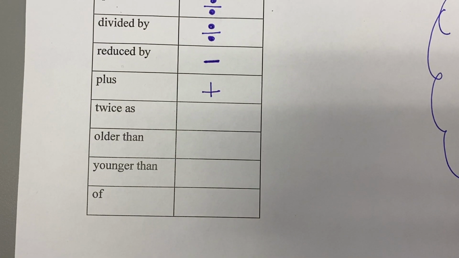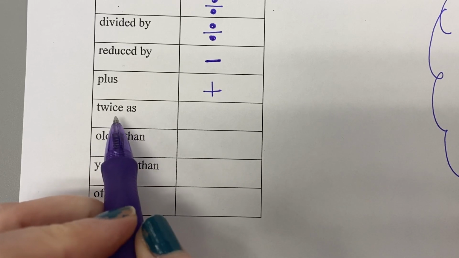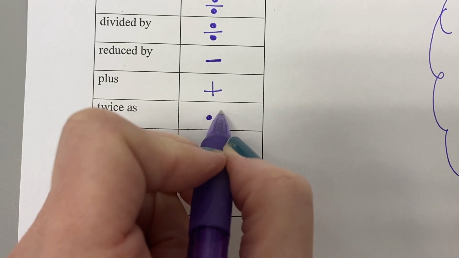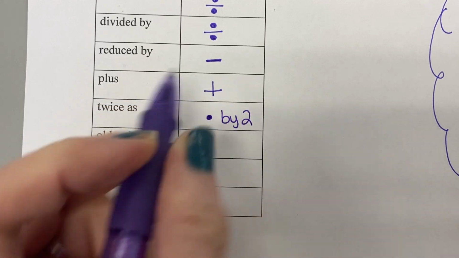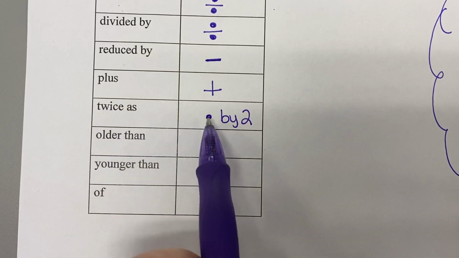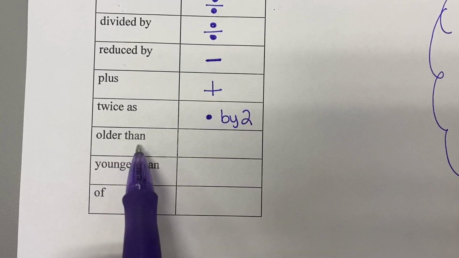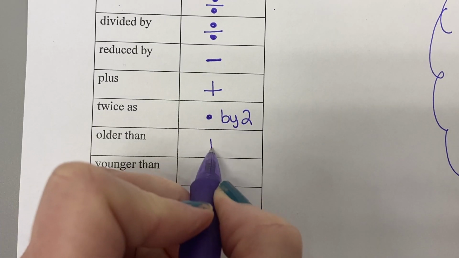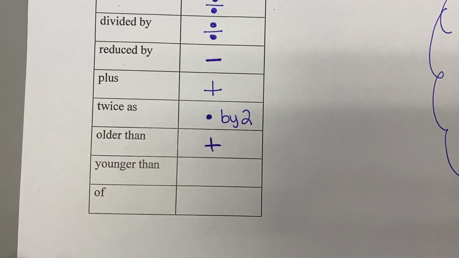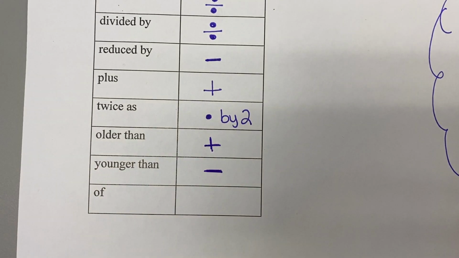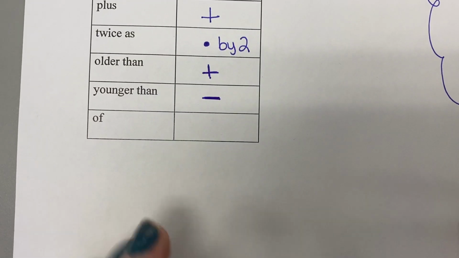Twice as. If something is twice as much as something else, that is multiplication by 2. So anytime you're doing something twice as much, you're multiplying by 2. Older than is addition. Younger than, subtraction.